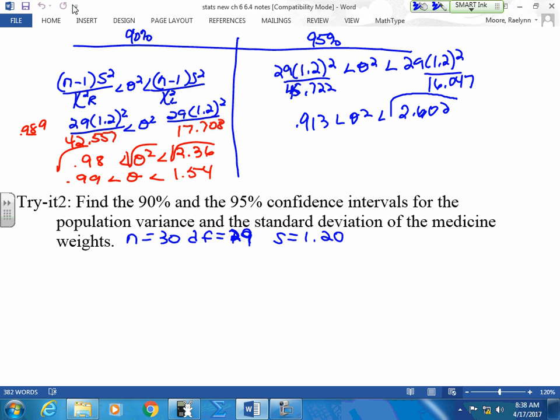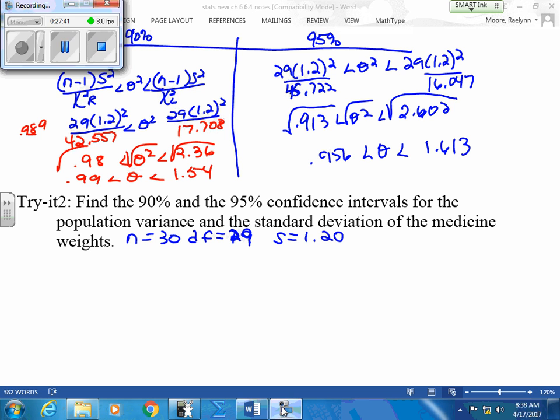And then you're just going to take the square root of these. Okay, so we can see as we need to be more confident, our interval gets a little wider. And 99%, the one that we just did, gave us the widest one. That's all there is to this.